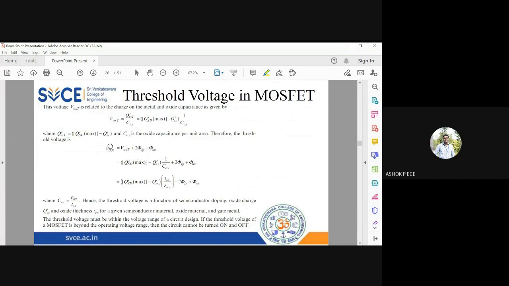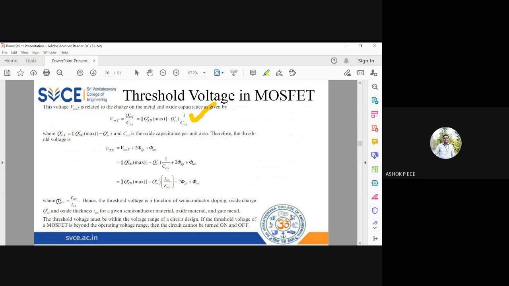So threshold voltage is now given by substituting everything in the VTN equation. So VTN equal to V ox threshold plus 2 phi FP plus phi MS. On V ox threshold, I'm substituting from this formula, Q dash SD maximum minus Q dash SS into 1 by C ox plus 2 phi FP plus phi MS. Okay, and I'm substituting the expression for capacitance. C is equal to epsilon A by D. So assume A is 1.